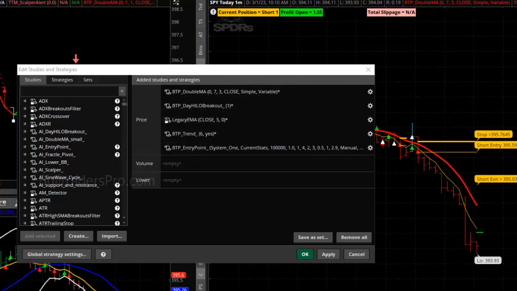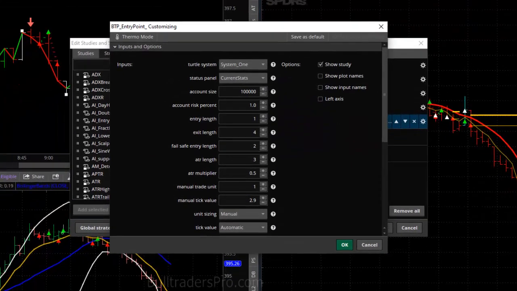You may also need to turn off various displays within the entry point algorithm. Follow this process to ensure that your algorithm looks like ours.